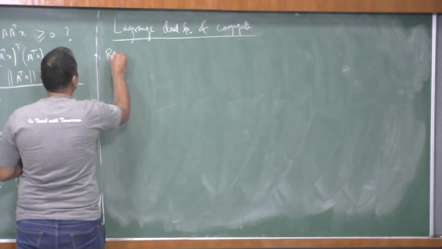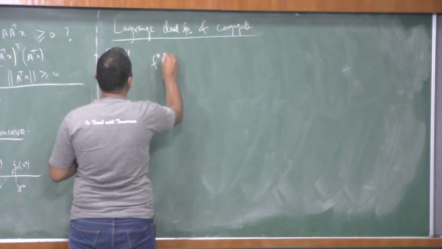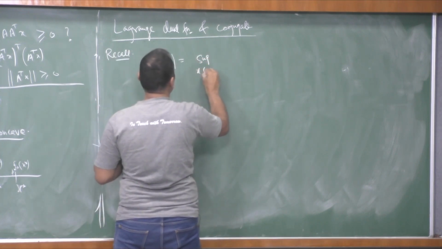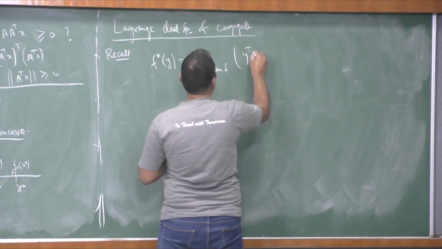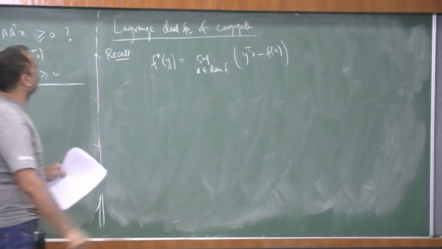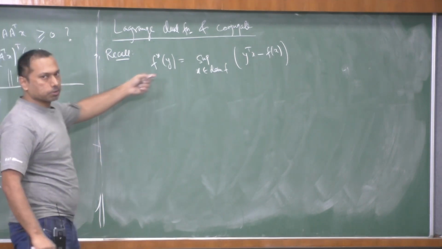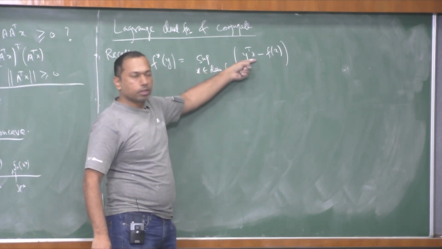So recall what a conjugate was. The conjugate was defined as f star(y), which is the supremum over x in the domain of f of y transpose x minus f(x). This is how we defined a conjugate, and regardless of f being convex or not, conjugates are necessarily convex, because it's a function of y, and in y it's linear.